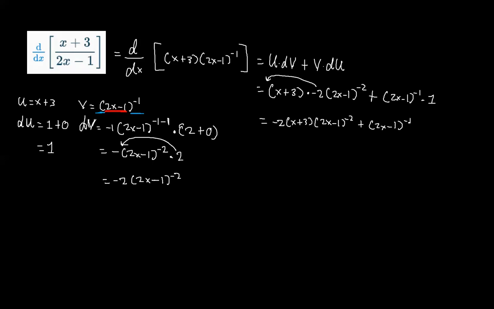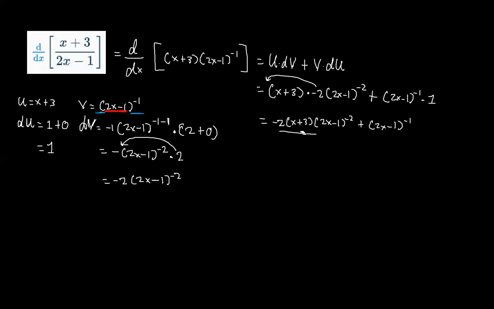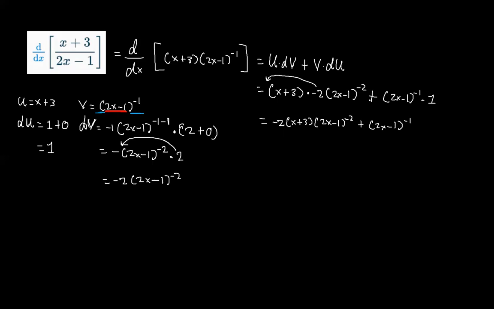It's now time to think about what we're going to do next. In this case, you can distribute the negative 2 to this one. But for simplicity, I'm going to factor this expression first.